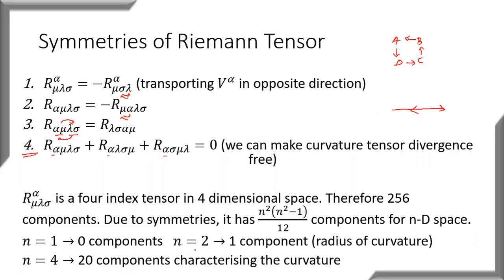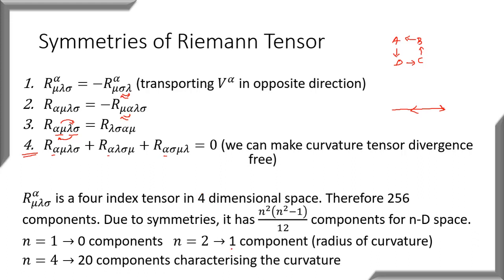So let's see, when n is equal to 2, what I have is one component. And that is just a two-dimensional manifold in a three-dimensional space, just like a globe. And this one component gives me the radius of curvature. Even if it's not a sphere, say it is a distorted sphere, every point still has a radius of curvature.